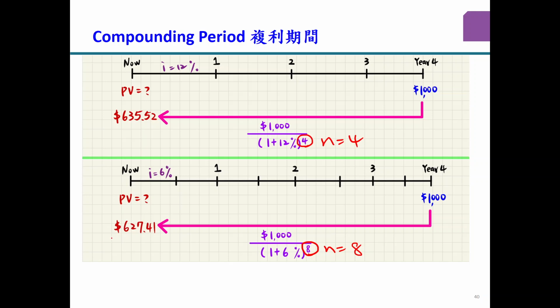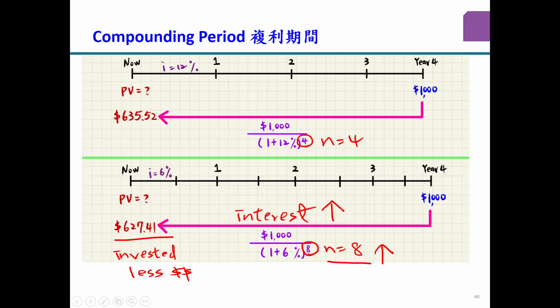For case 2, when you invested less money, but because of n, more means what? You will get more interest. Okay?